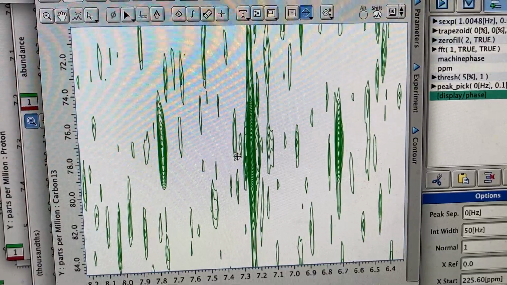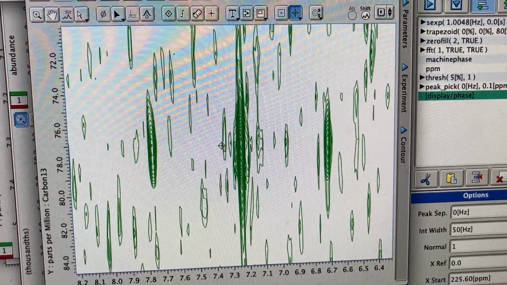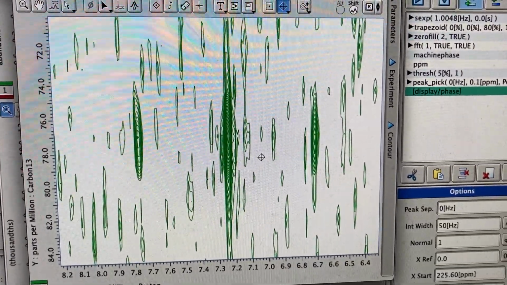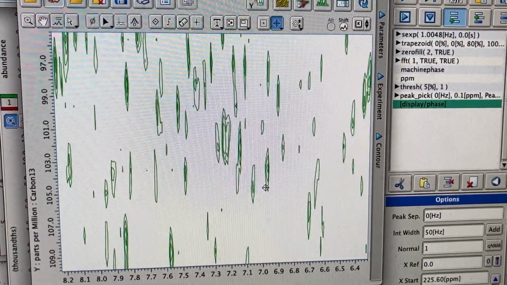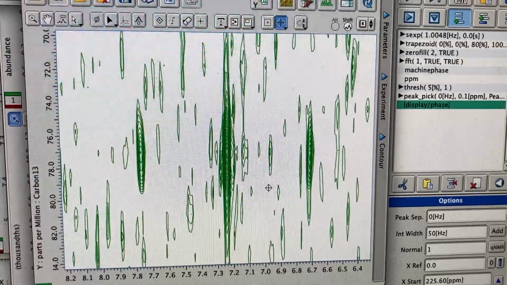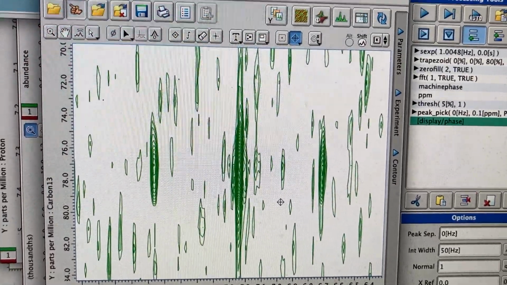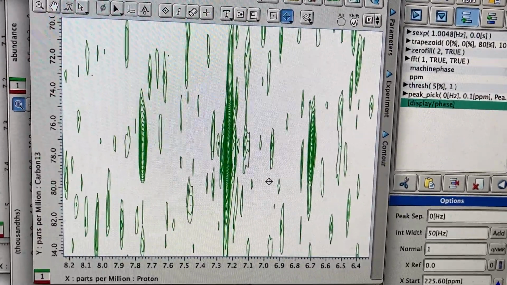Actually, what am I saying? Actually, never mind. But yeah, you could just scroll and then find the peaks that you assigned from your COSY. Make sure you just try to compare them.